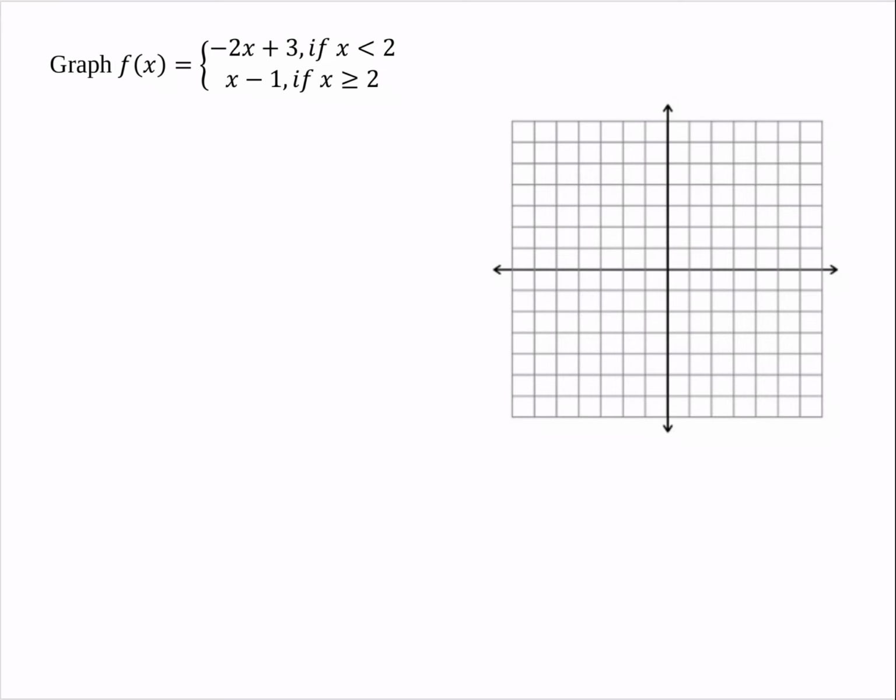So just treat it like you're graphing y equals negative 2x plus 3 in general. Where do we start? We would start at the y-intercept of 3, and the slope is negative 2, so we go down 2, right 1 a bunch of times, and then reverse it, up 2, left 1 as much as we can.